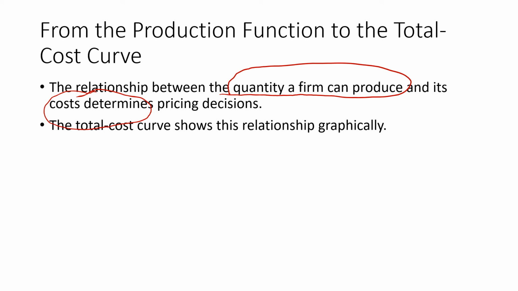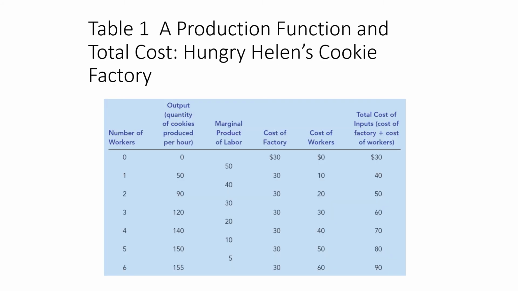The total cost curve shows the relationship graphically. We look at the same table, the number of workers increasing from 0 to 6. Then the quantity of cookies produced, this is the production, the output. Then we also calculated the marginal product that was declining.